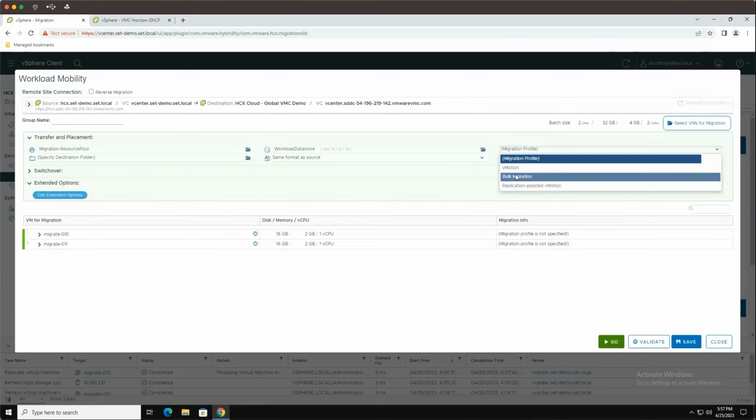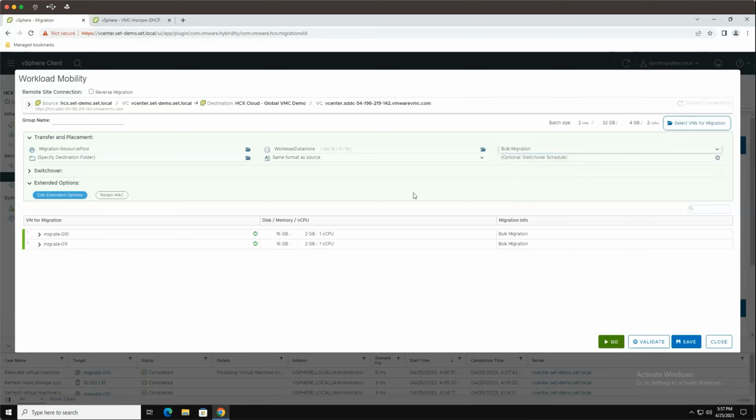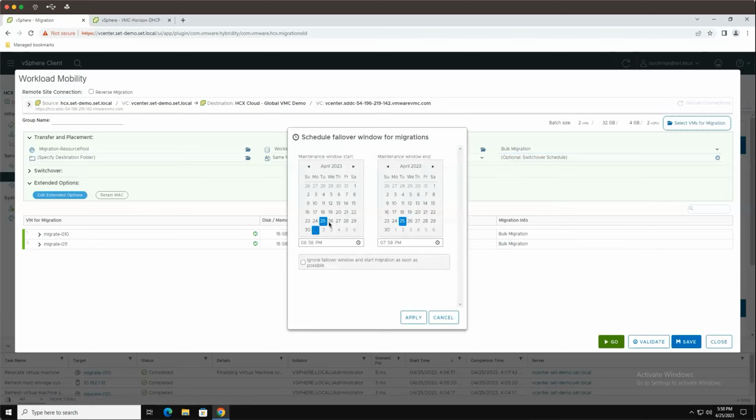But if you want to do, for example, an app migration, 99% of the time I use bulk migration or replication-assisted vMotion. What it does in the backend is I can group my virtual machines. Here you see migrate 1 and 2, or 11 and 10. With bulk migration, I can say, okay, I want to have a switchover schedule.